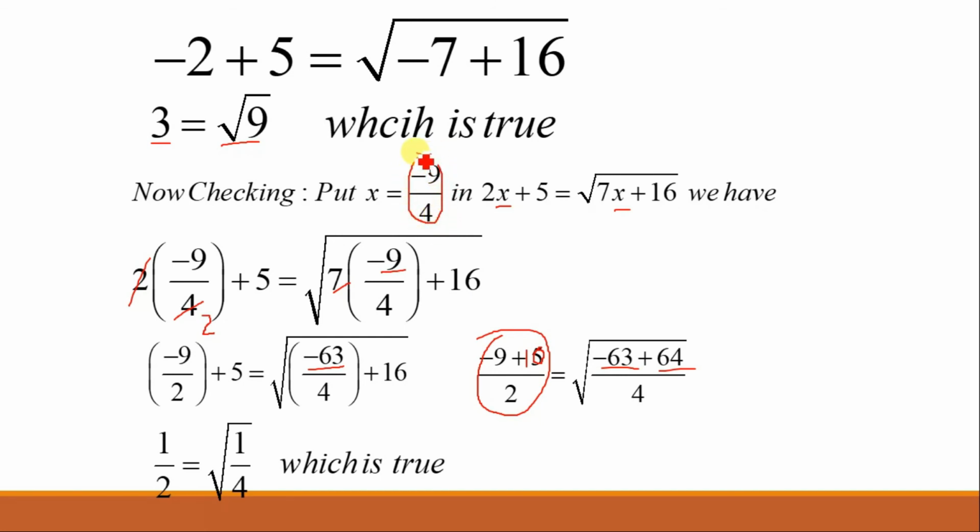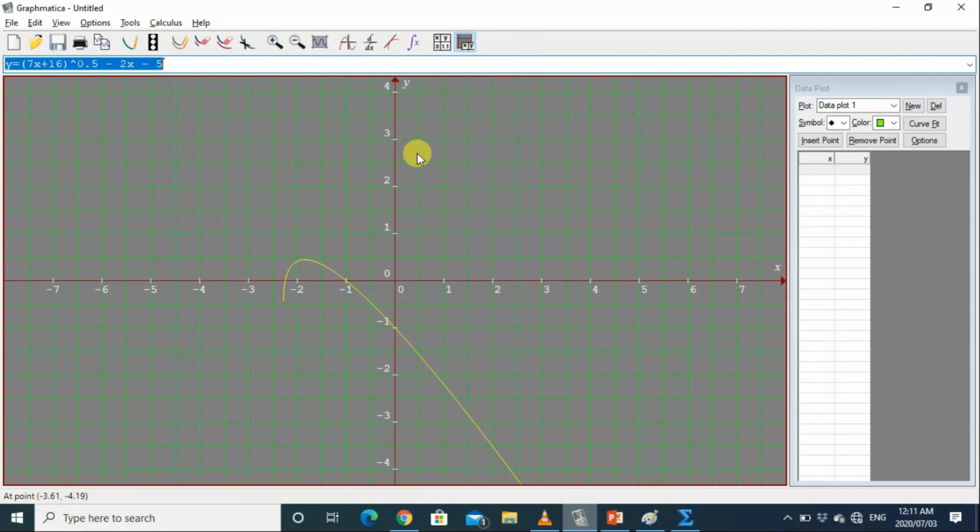So the solution set of this equation will be -9/4 and -1. Now we can check the solution by using a graph. By drawing the graph using Graphmatica, we get this curve.